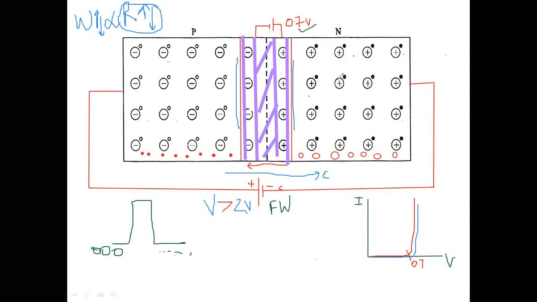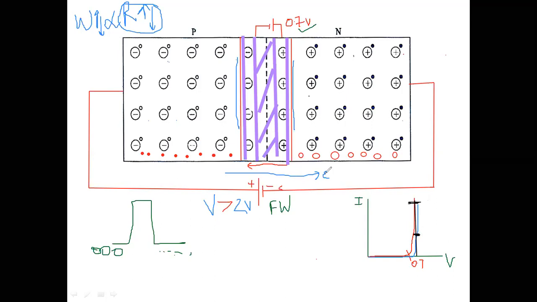For the same voltage, if you compare PN diode and Zener diode, current in Zener diode is high and current in PN diode is less.